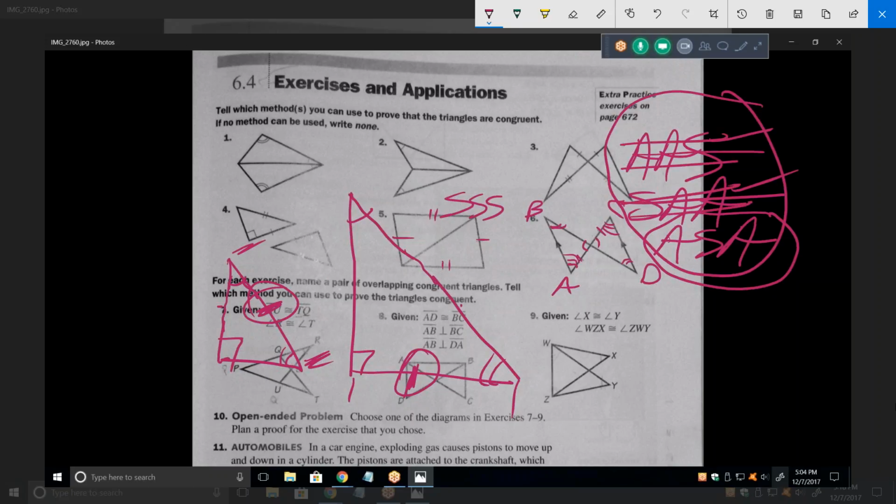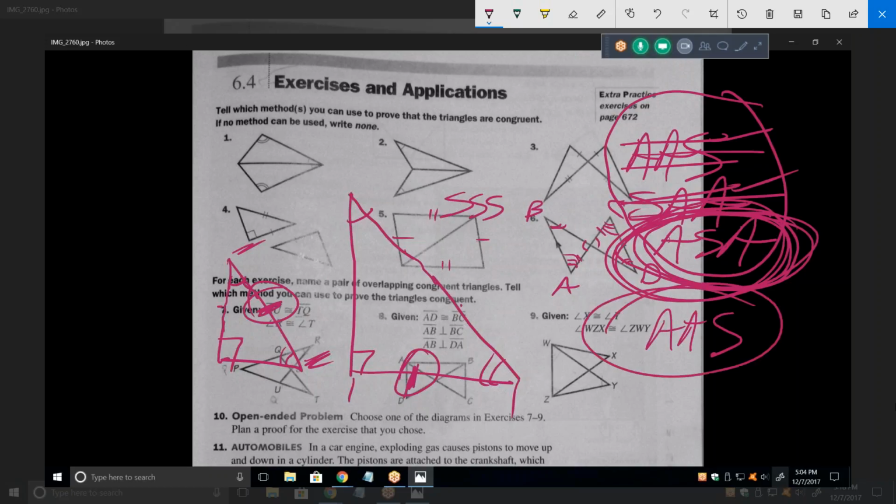You gotta have angle, side, angle. Or if you had angle, angle, same corresponding side, then that proves congruency. But just angle, angle, side alone does not prove congruency.